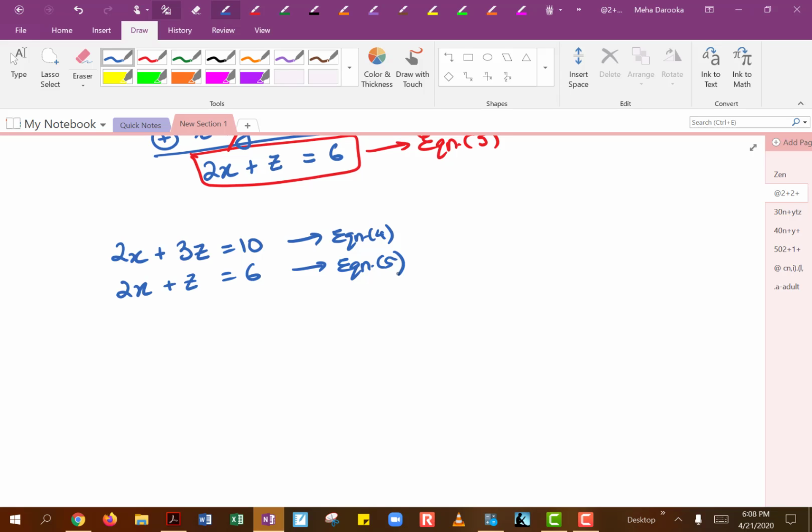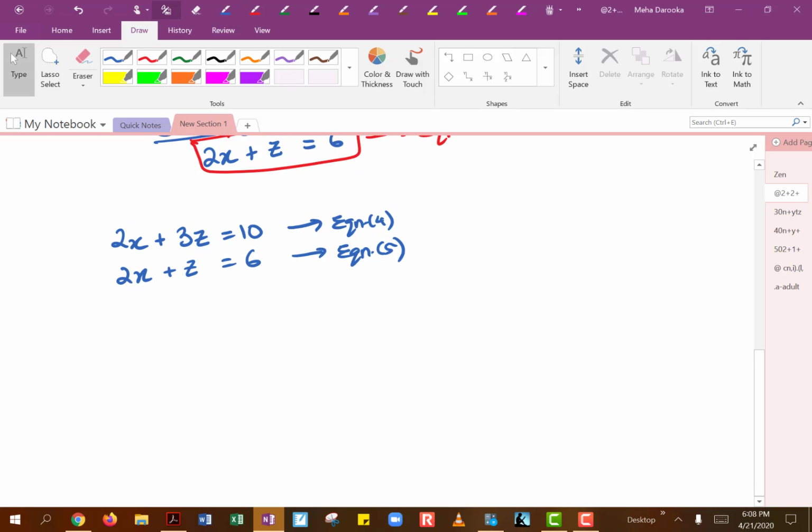I'm going to use the addition method again here, and you will notice I have 2x and 2x in both my equations. If I can make one of these two x's a negative, then I can add them and my x will eliminate. So I'm going to take my second equation and multiply it by negative 1, which will help us make that 2x into a negative 2x.